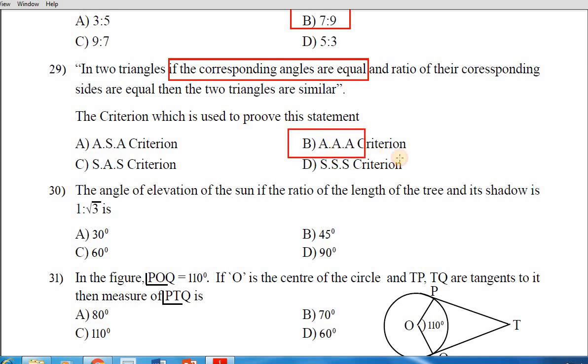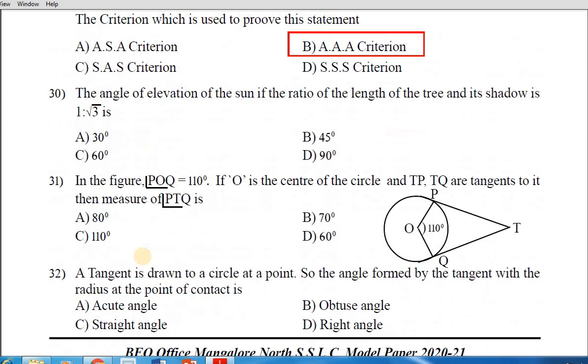Hence option B is correct. If you don't know more about this theorem, you can go and watch my previous videos, children. There I clearly explain this theorem under AAA similarity criterion. If you go to my playlist and in the 10 standard theorem list, you can get this theorem there.